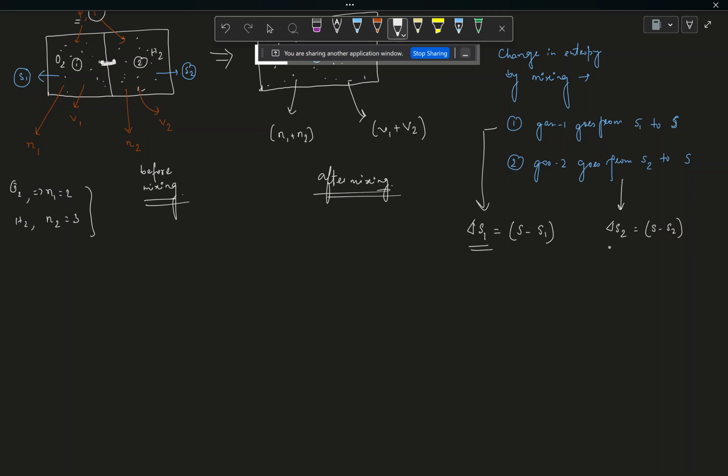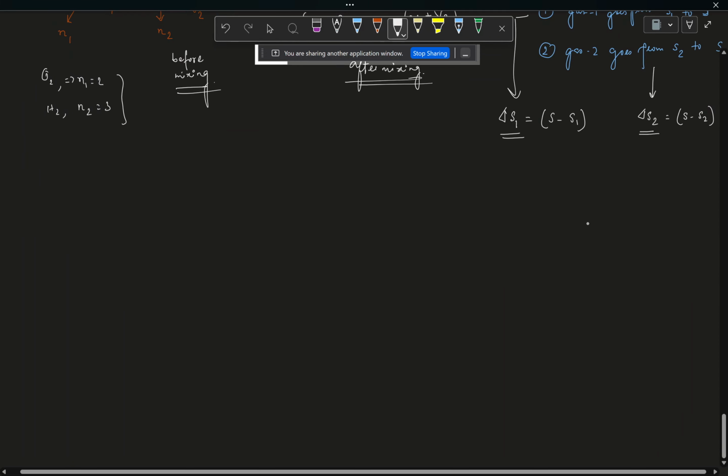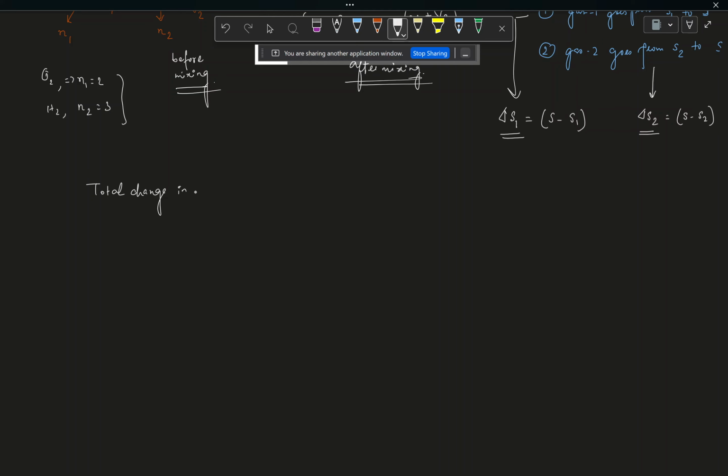So the total change in entropy of the mixture is equal to delta S mix, meaning the change in entropy of the whole mixture.